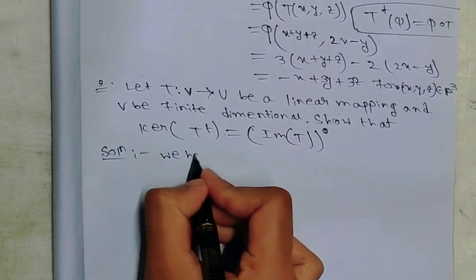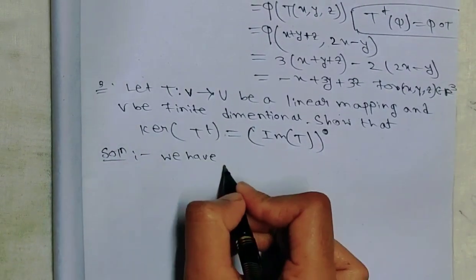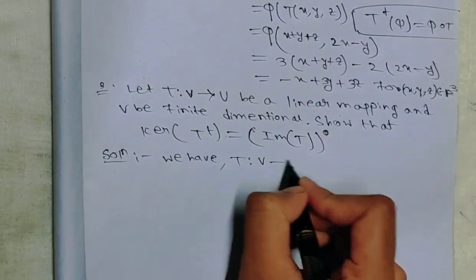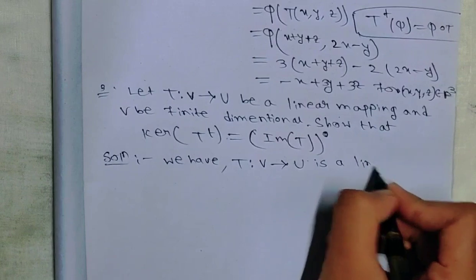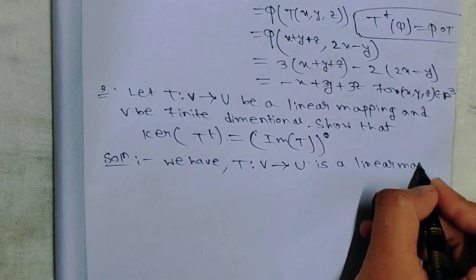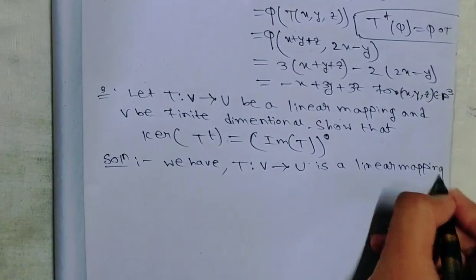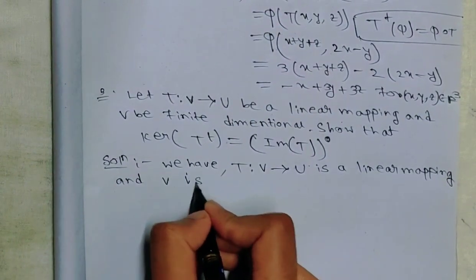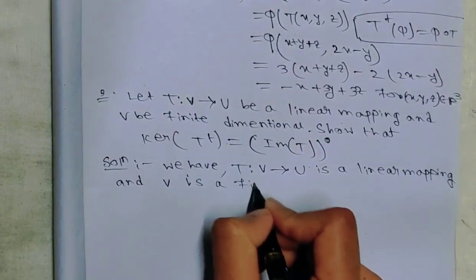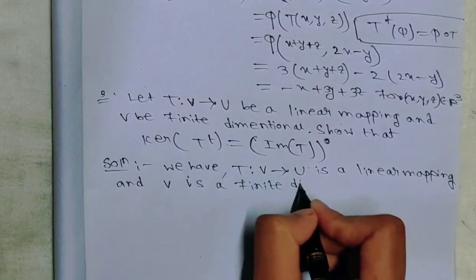We have T from V to U is a linear mapping and V is finite dimensional.